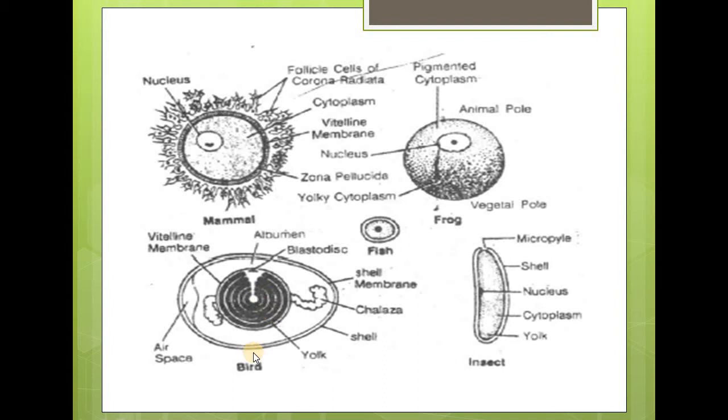And the cytoplasm of the egg cell is known as ooplasm, and this ooplasm consists of a large amount of reserve food material in the form of yolk. So this is about the primary, secondary and tertiary egg membranes.